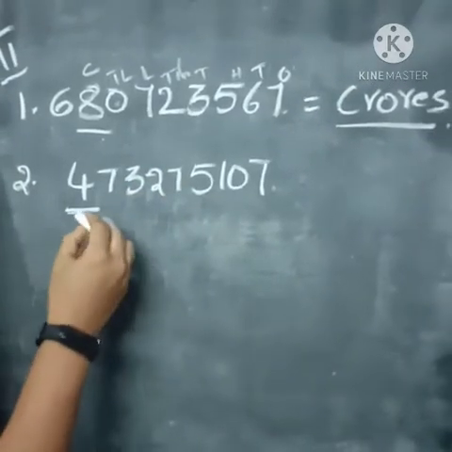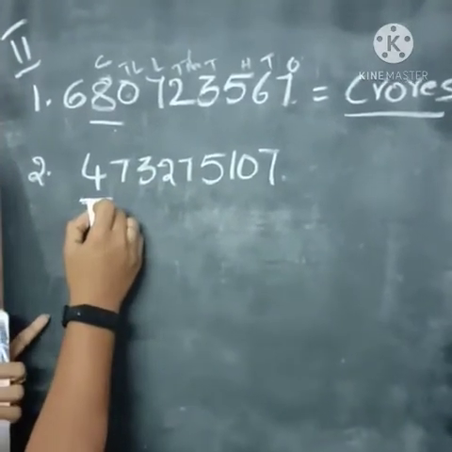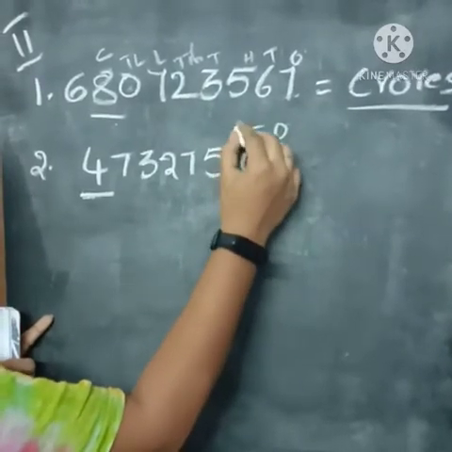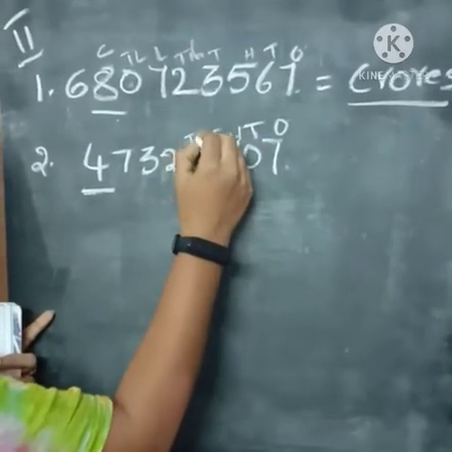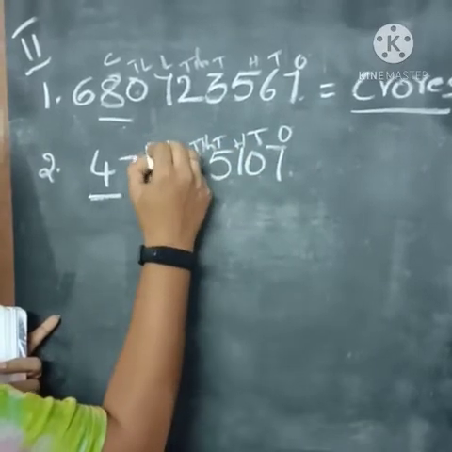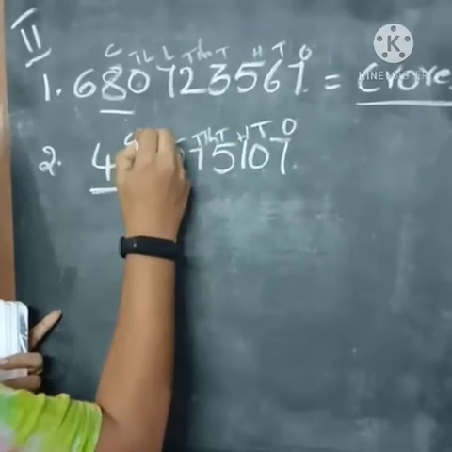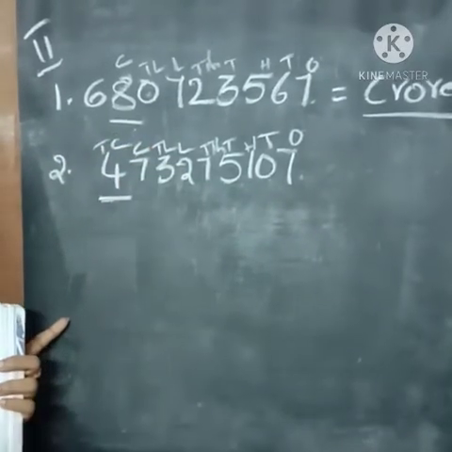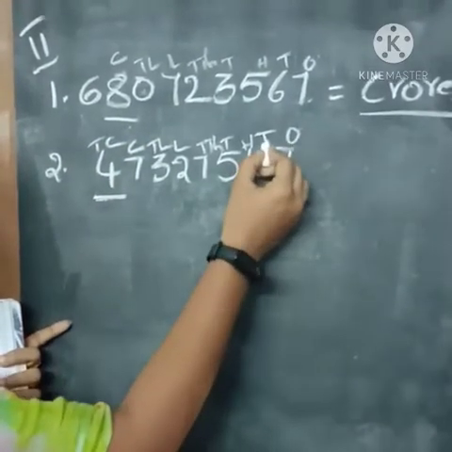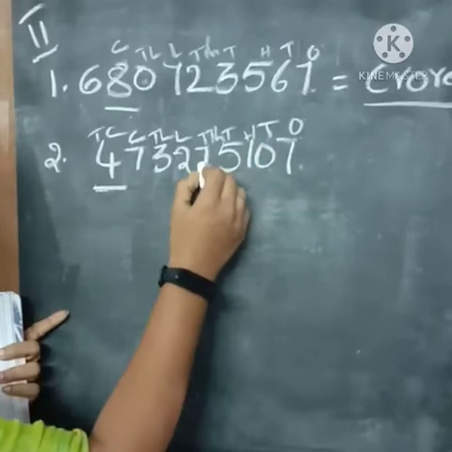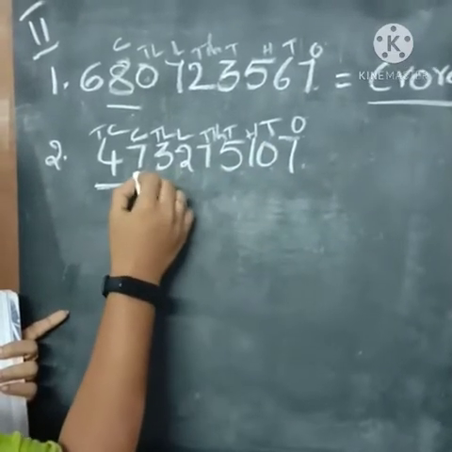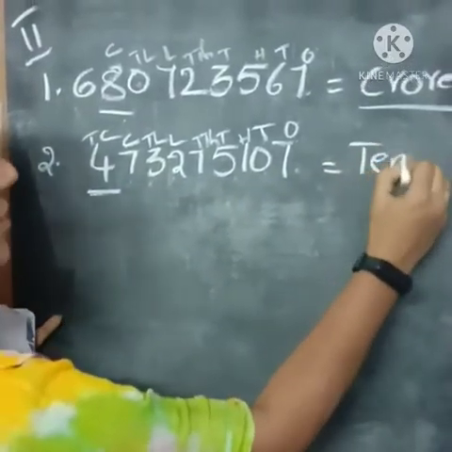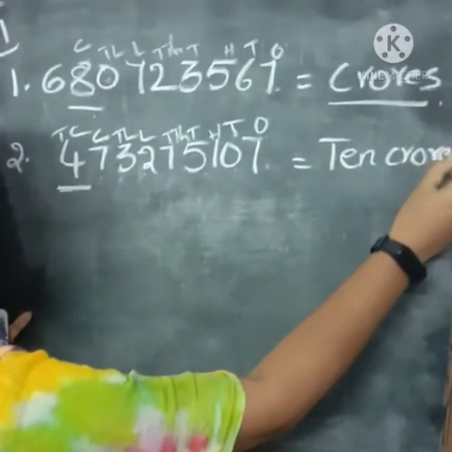See children, 4 is in which place value? Again we have to write the place values. Ones, tens, hundreds, thousands, 10,000s, lakhs, 10 lakhs, crores, 10 crores. So here what we have to write? 10 crores.